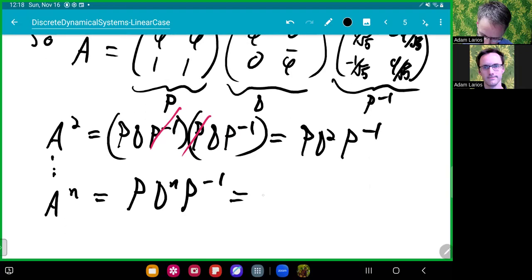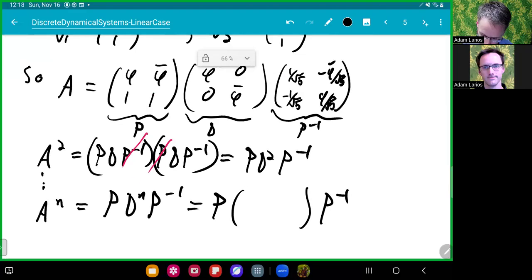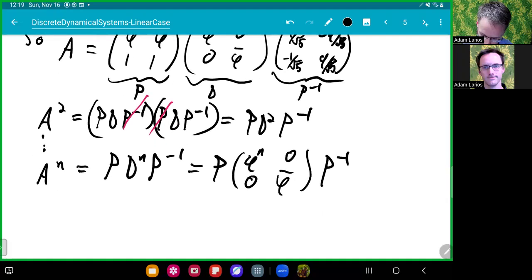When you take a diagonal matrix to an nth power, you just get the diagonal entries to the N with zeros on the off diagonal. So that's arguably much nicer to compute than just iterating this thing many times.